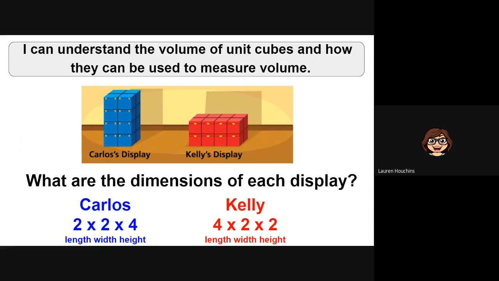The width is 2, and the height of Kelly's display is 2 as well. And if you notice, this is the commutative property in action. I can move these numbers around, but I'm still going to get the same thing. The dimensions of Carlos's display still equal 16, and Kelly's still equal 16, even though those numbers are kind of all discombobulated.